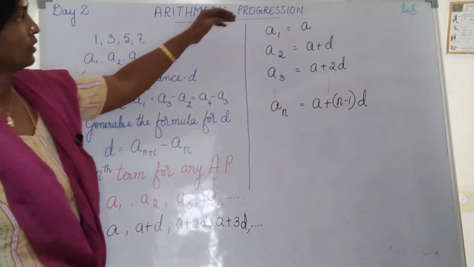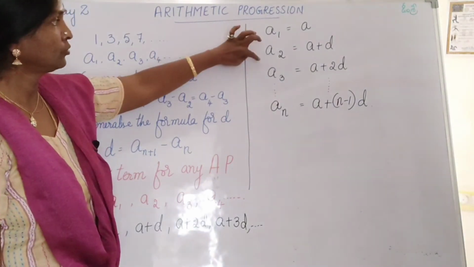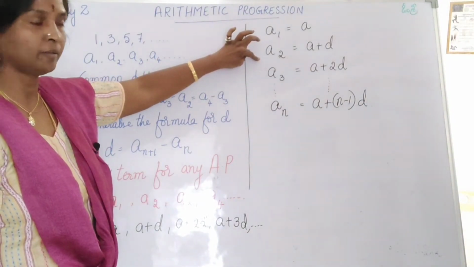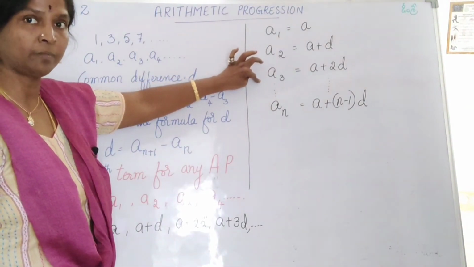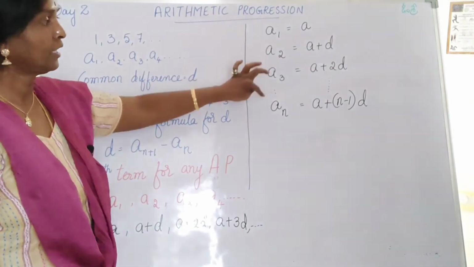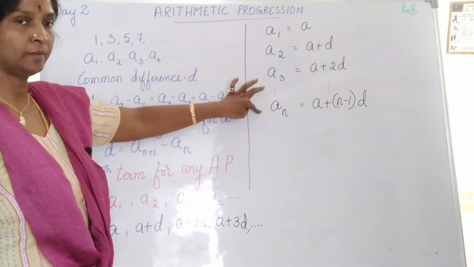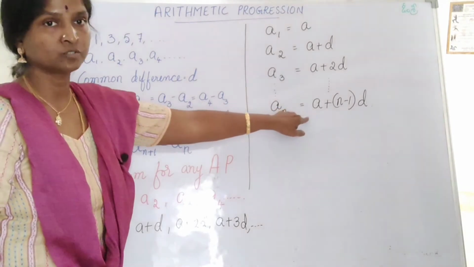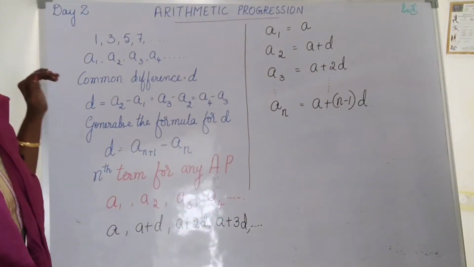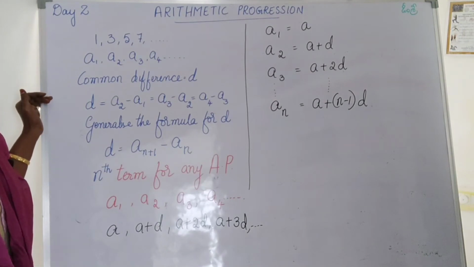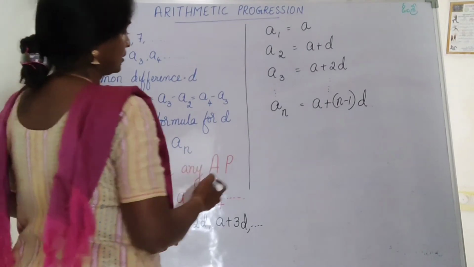So a1 represents the first term of AP, a2 the second term, a3 the third term, and a n represents the nth term of any AP, where it is equal to a plus n minus 1 into d. This is how you generalize the nth term of an arithmetic progression.